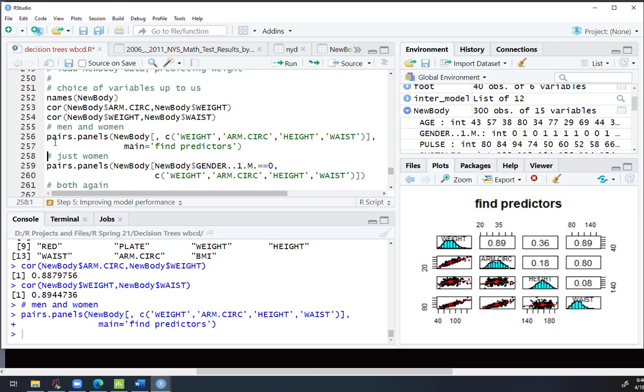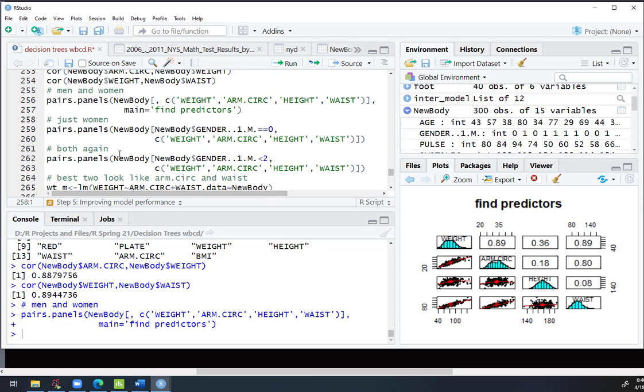We just looked on line 256 at the way we produce the pairs panel graphics, and I could give you just a couple more. I see that this has gone longer than I thought, but I can give you just another couple tips on using pairs panel graphics.